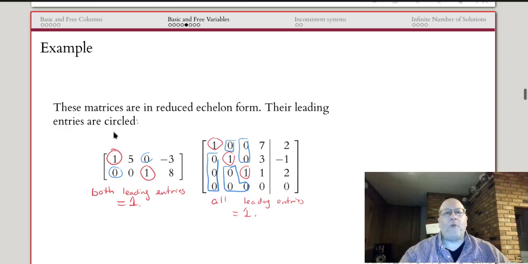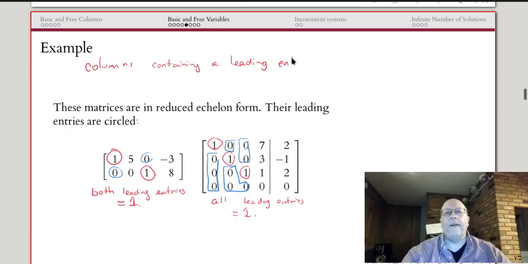Another way of thinking about reduced echelon form is that the columns that contain a leading entry are this is going to use some terminology from the very first day. Our standard basis vectors.